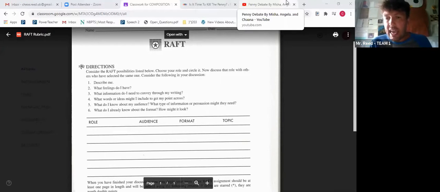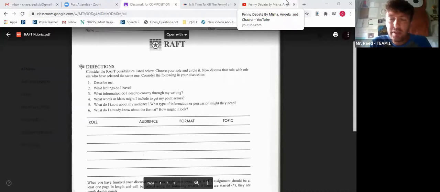And you're going to be advocating that you are ousted or that you're kept. And then the last format, if you want, would be a speech. So this speech, here your audience would be to the other coins. So I want you to think about that.